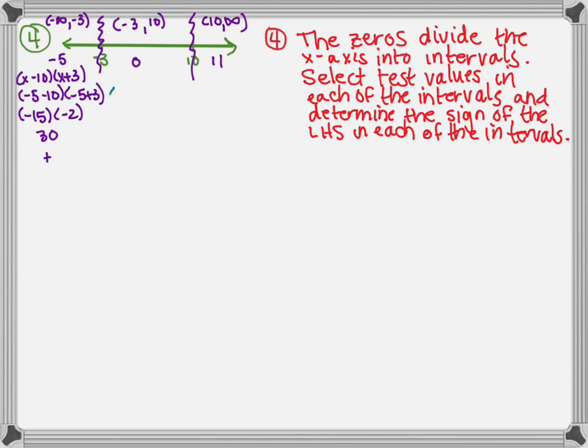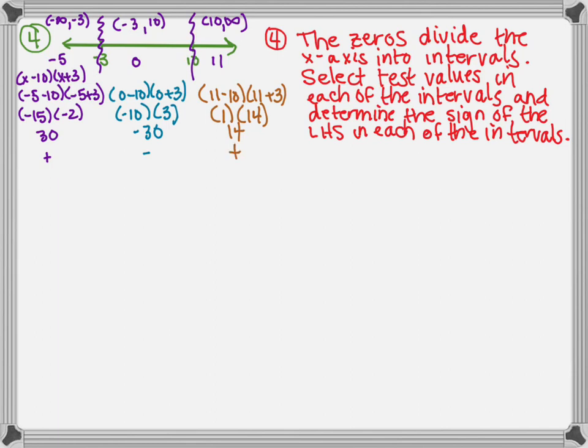We're going to substitute 0 in, and I get 0 minus 10 times 0 plus 3. I get negative 10 times 3, which is negative 30. Values in this interval will be negative. Let's substitute in 11. 11 minus 10 times 11 plus 3. We have 1 times 14, which is 14. That's positive. So values in this interval will be positive.